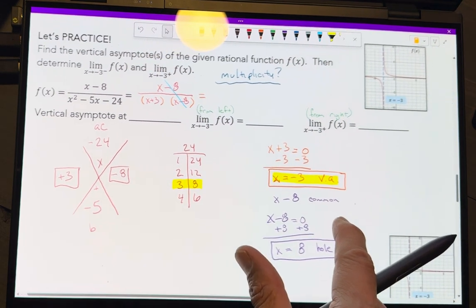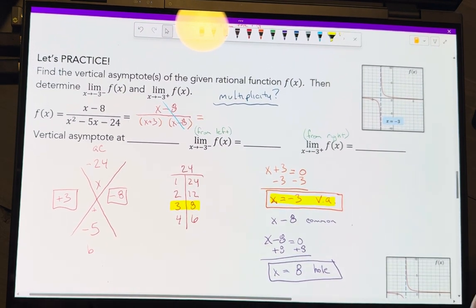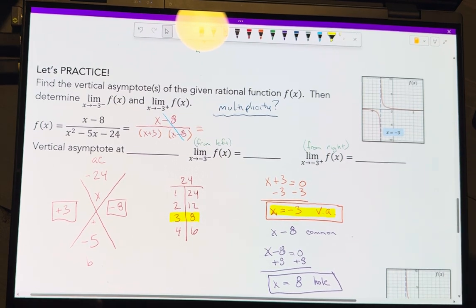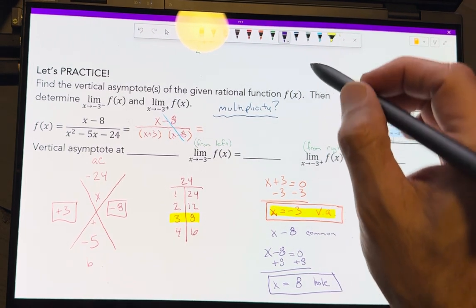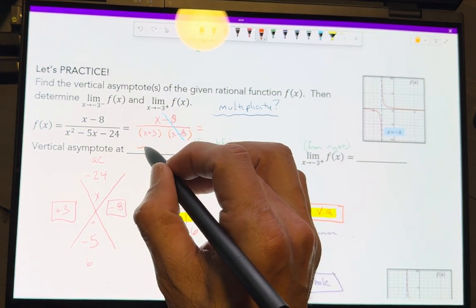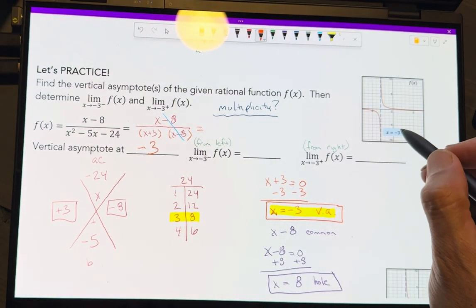So let's take a look at what this looks like. We solved for the vertical asymptote, which is at -3. So we have a vertical asymptote at -3, and we can see that here.